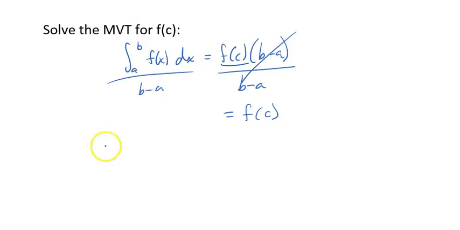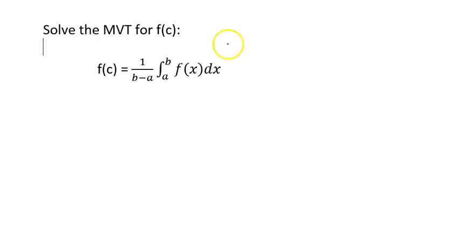This is going to be something special, and they're not going to write it exactly like this, so let me show you how they will. Okay, so they've written this as 1 over b minus a times that integral instead of sticking the b minus a under it. But this right here has a special name. This is called average value.